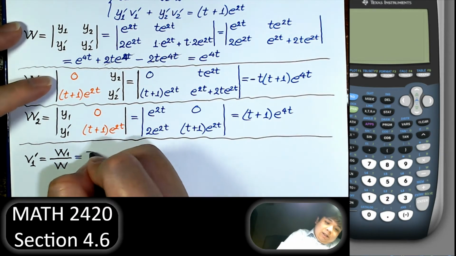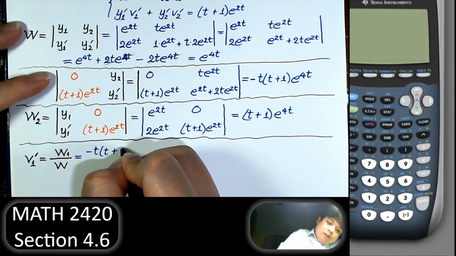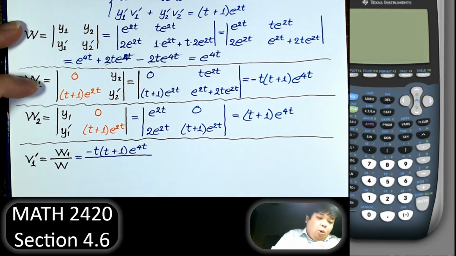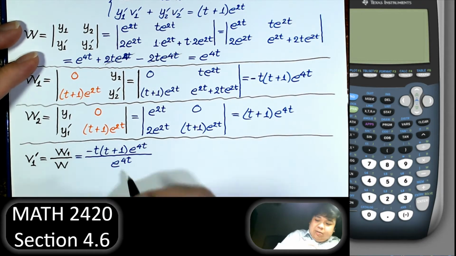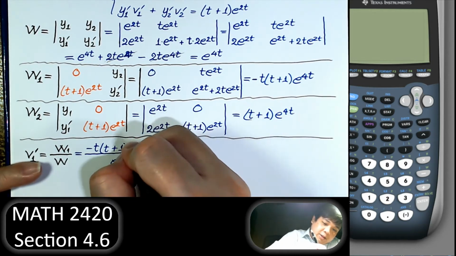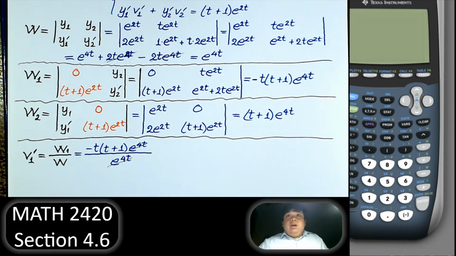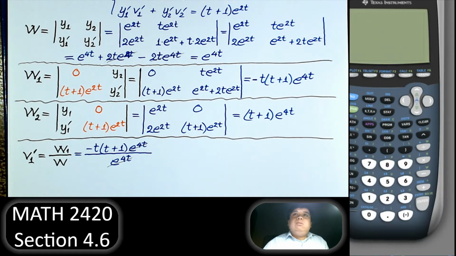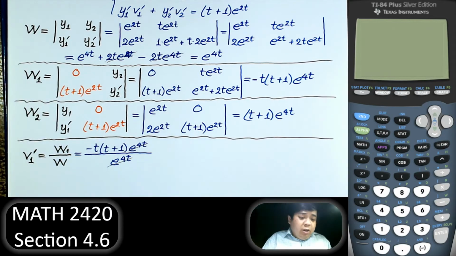In this case the solution for v1 prime is w1 over w. W1 is that over w. Well, that's convenient. In variation of parameters we cannot guess any function, we can only do certain kinds of functions.